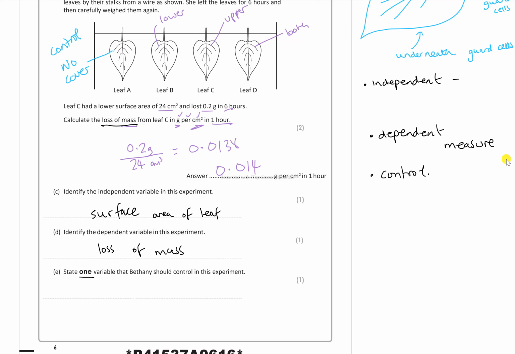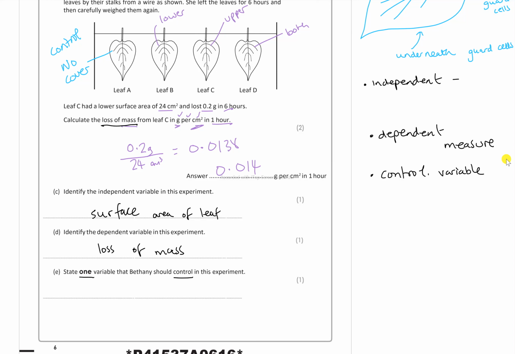Right. One variable that they should control. So this is the control variable, the one that you keep the same in order to make the experiment fair, right? Because you don't want to change too many variables. You don't want to change more than one variable because you don't know what has had that effect. So for example, if I say I want to lose weight, so then I suddenly stop eating sweets, do exercise and fast, right?